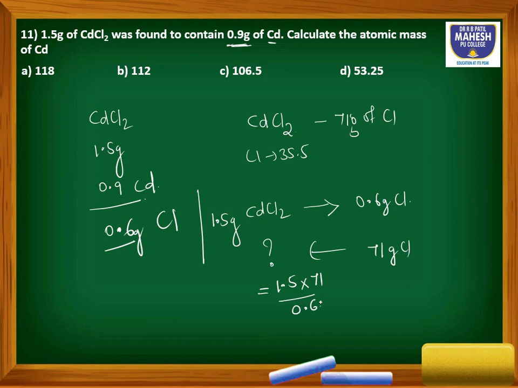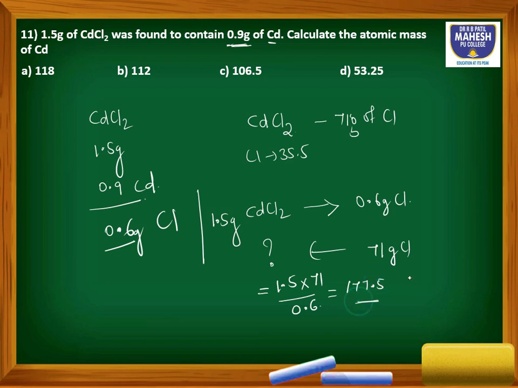So this is what we have. 1.5 multiplied by 71 divided by 0.6. Students, I give you 30 seconds. Please calculate. So when I multiply this, I hope that you solved it. We are going to get 177.5 as the answer.